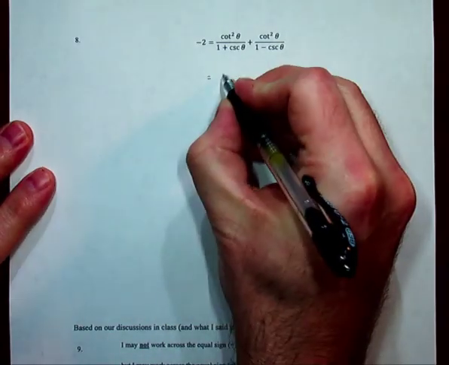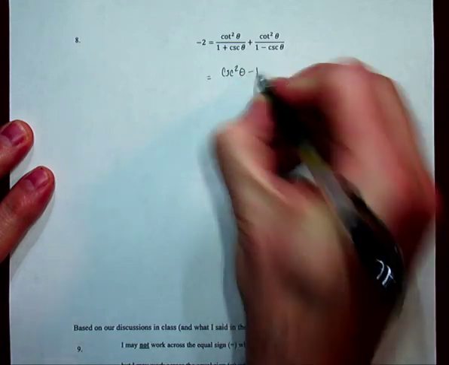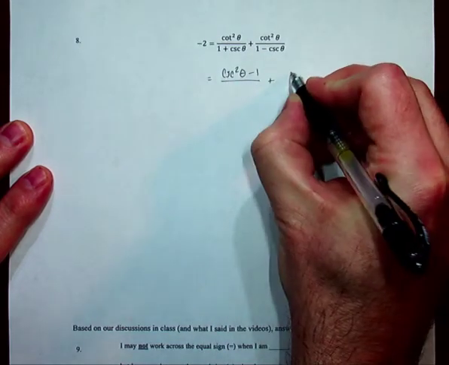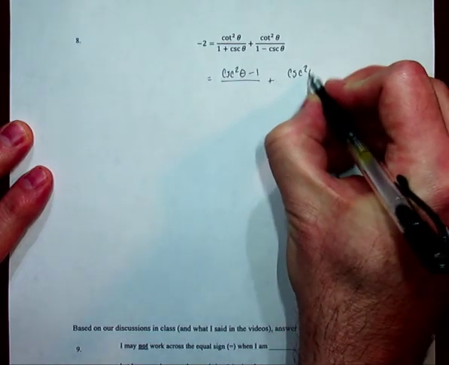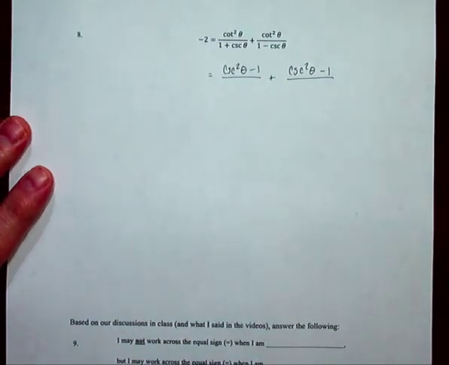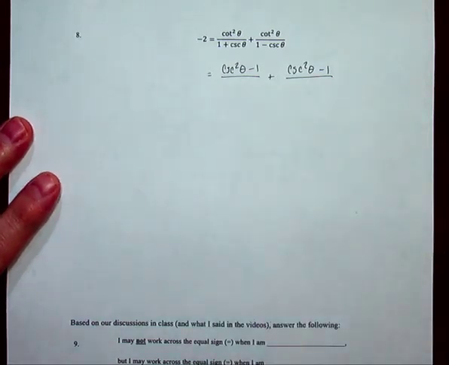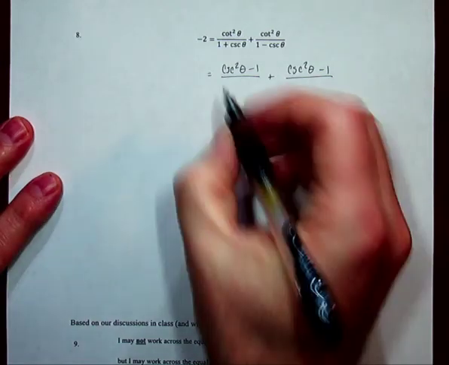And the way that they're related is cotangent squared is equal to cosecant squared minus 1. And so we're going to change both of those numerators into that.